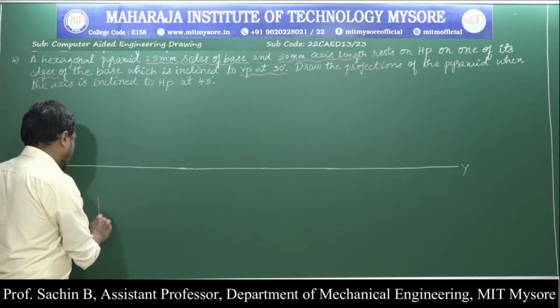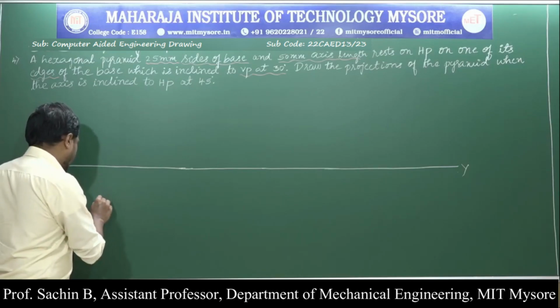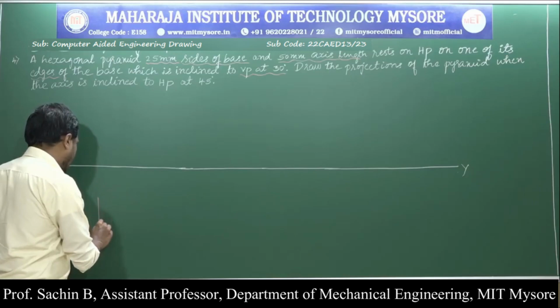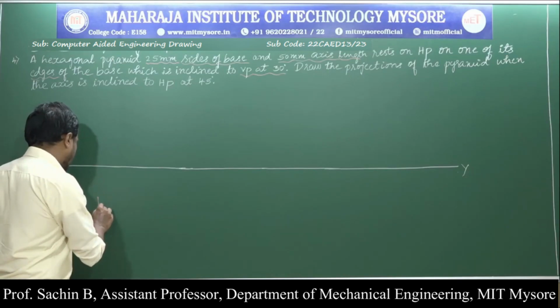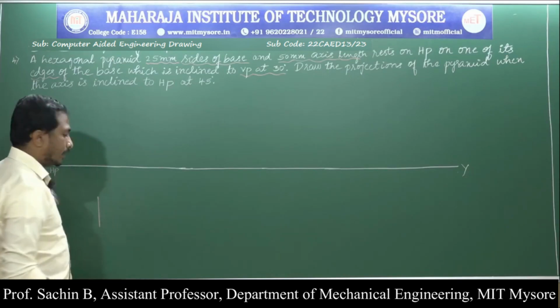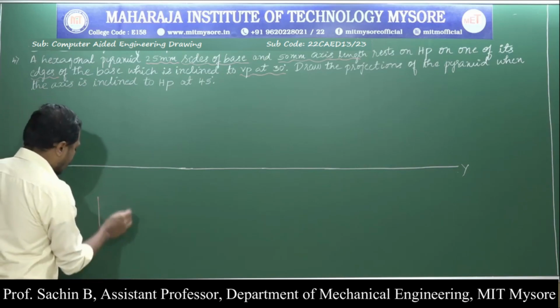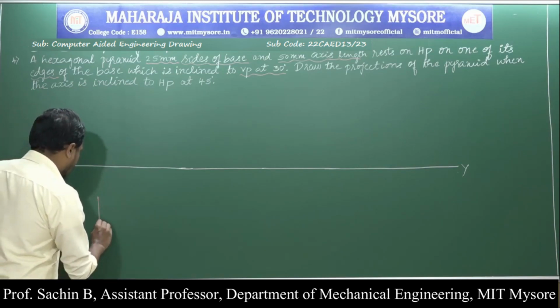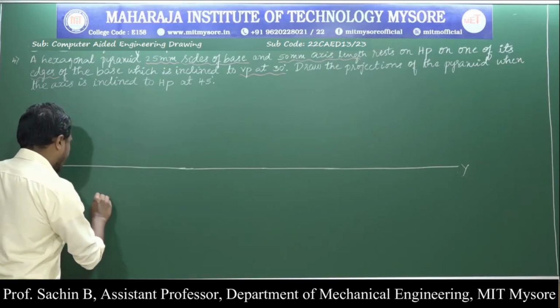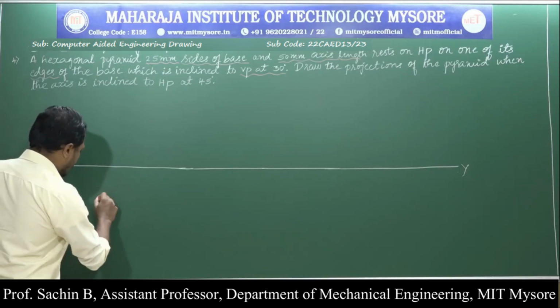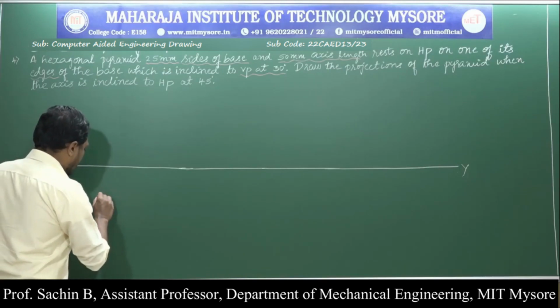With the line command, by drawing the lines, you can construct the hexagonal lamina. And one more way, by drawing the circle of given side dimension, you can also draw the hexagonal lamina. That is also possible. I am drawing it directly now.